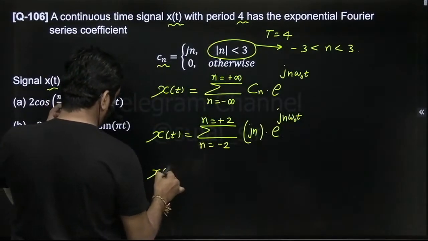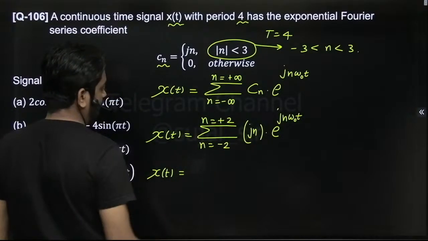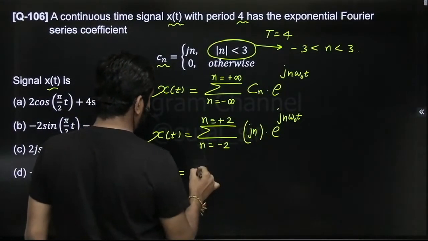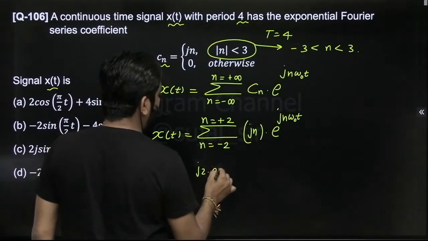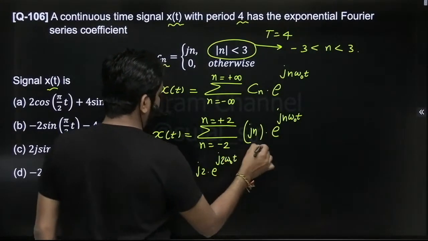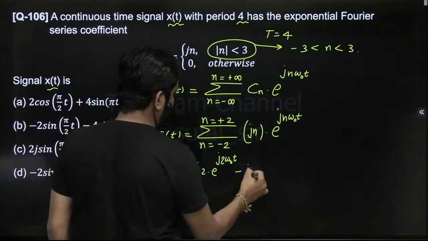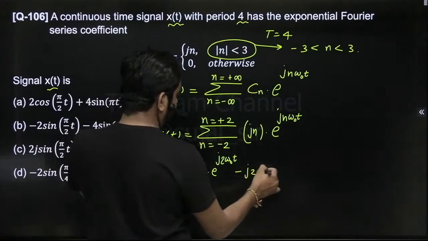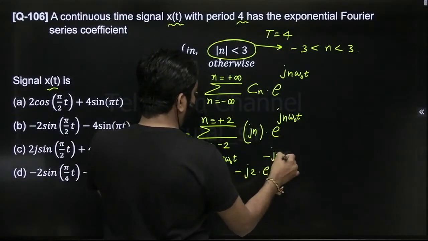So x of t will be, now put the value of n. First n equal to 2, guys. So j2 e to the power j 2 omega 0 t. Then n equal to minus 2. So minus j2 e to the power minus j 2 omega 0 t.